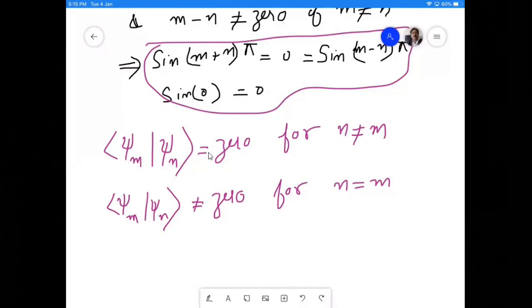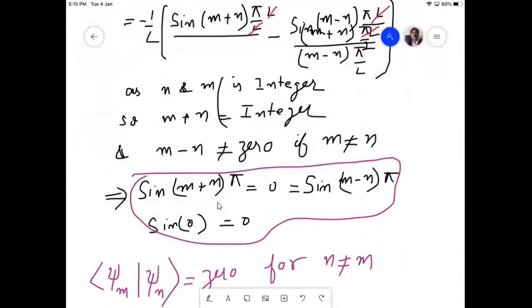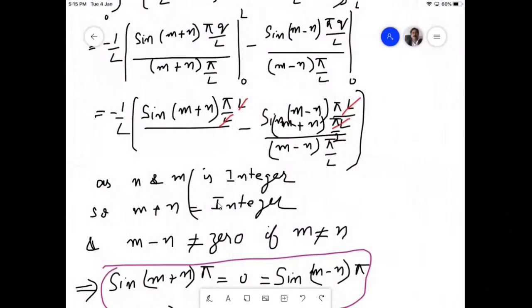If n is not equal to m, then it is 0; if n equals m, then it will not be equal to 0. The question is why. Because of the second term, why is this written like this?